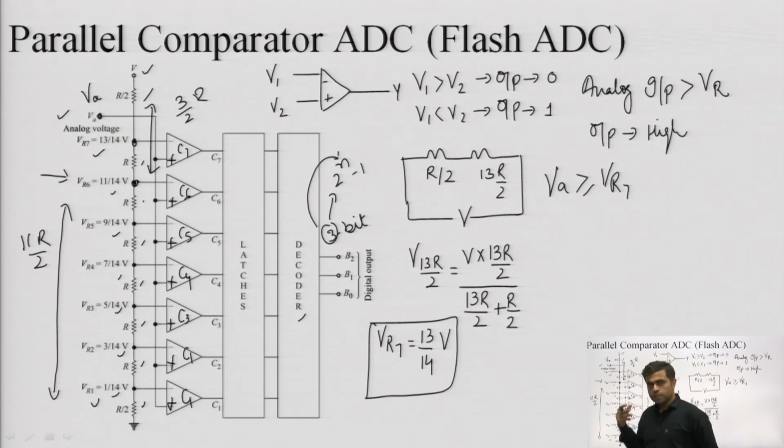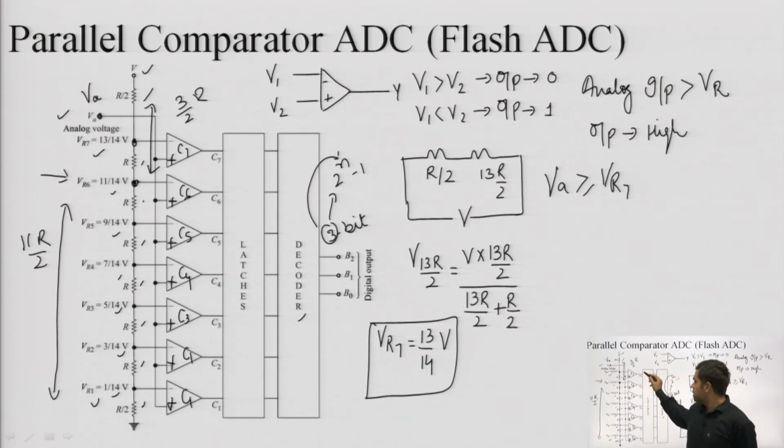VR7 is the greatest voltage among VR1 to VR7. So if my applied analog input VA is greater than VR7, then I need not check all the comparator outputs, because if C7 is generating 1, then C6 to C1 will definitely be generating 1.